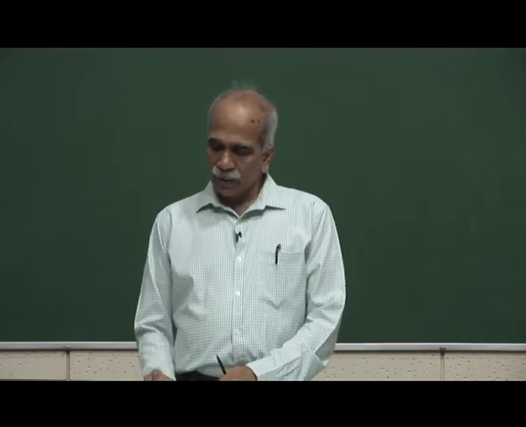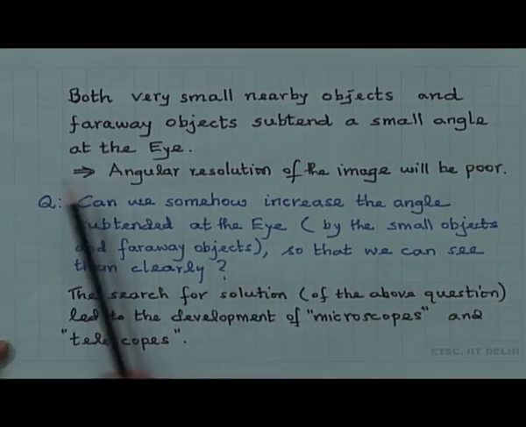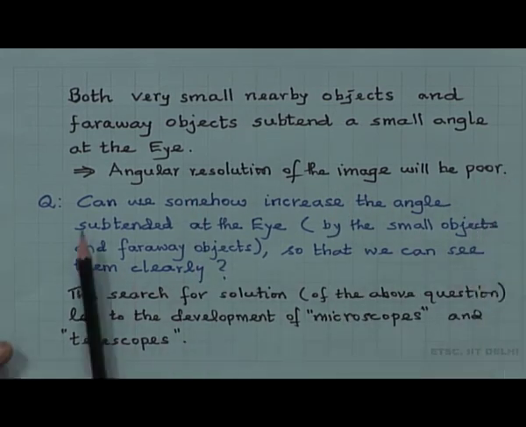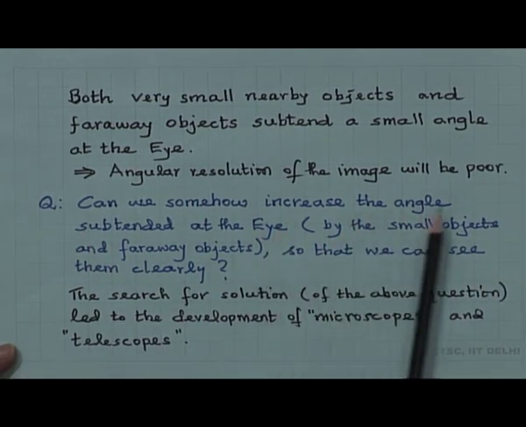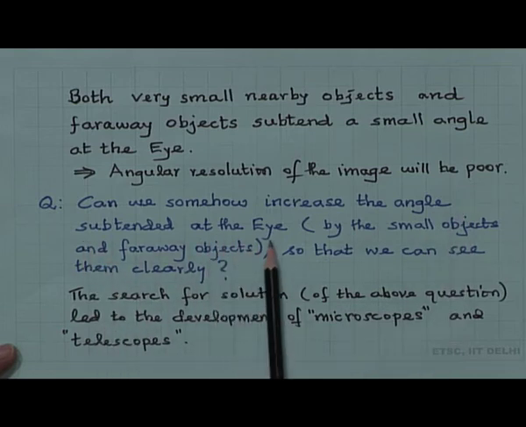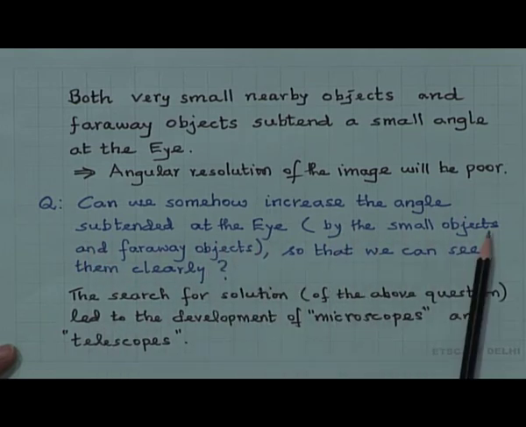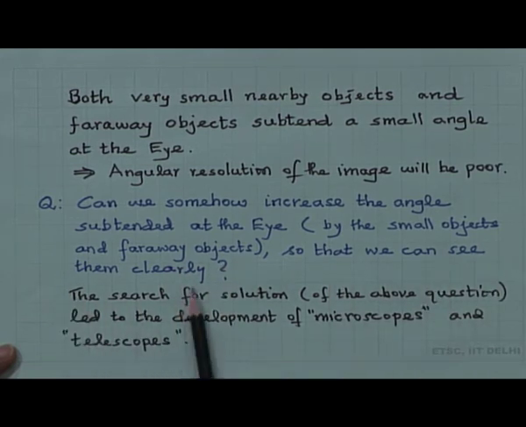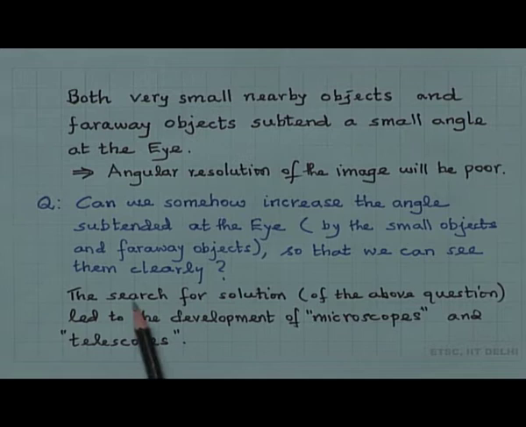So, for far away objects, the angular resolution of the image will be poor. Now, can we somehow increase the angle subtended at the eye by the small objects and far away objects, so that we can see them clearly? The search for a solution to the above question led to the development of microscopes and telescopes.